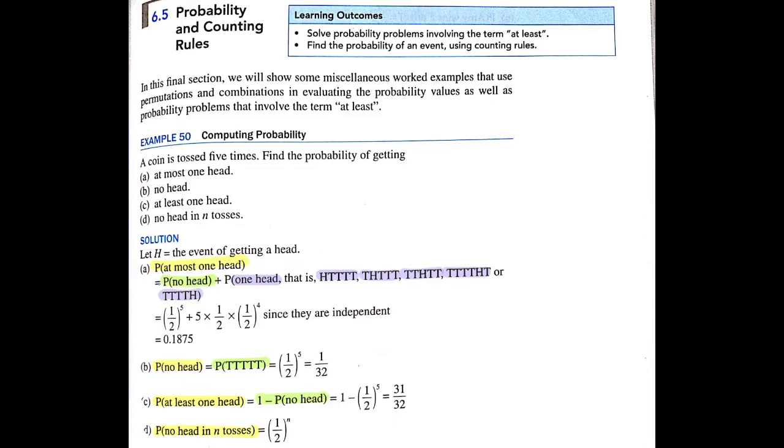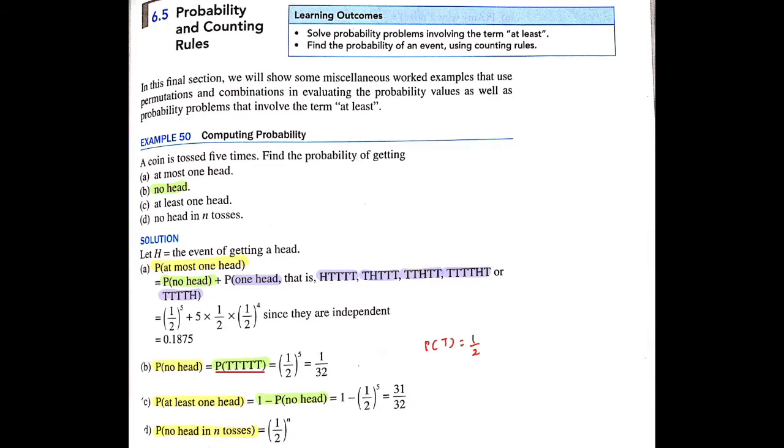Okay, so first of all, let us see the B part first, which is the most simple one. So let's see how to solve question B here. This is the probability of getting no head. So when you toss a coin once, the probability of getting no head, let's use the notation T as tail because no head is tail, so it is 1/2. However, now we want to find for 5 tosses.